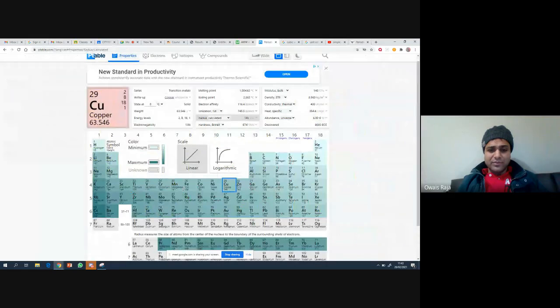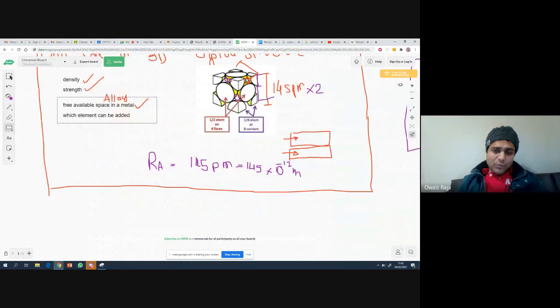We need to see which other elements have a smaller diameter or radius than that one. First, we need to calculate the distance, how much gap there is, and then we figure out which atoms can go and sit here.